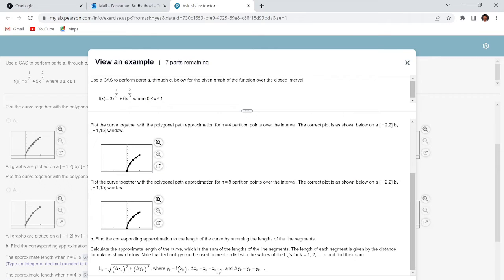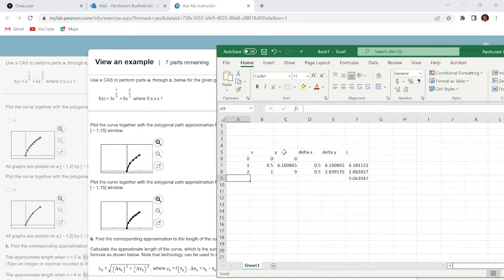Now we can find the corresponding y0, y1 and y2 by plugging x0, x1 and x2 into this function. Look here, how did I calculate? 3 times x to the power 1/3 plus 6 times x to the power 2/3. This is the formula I'm using, and I calculated y0, y1 and y2.